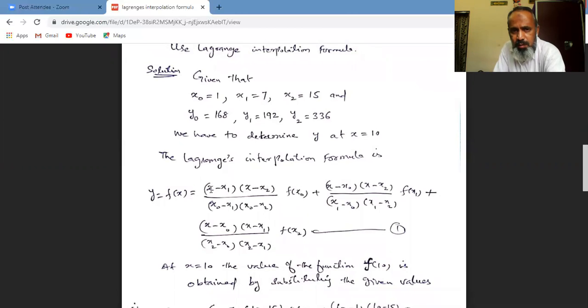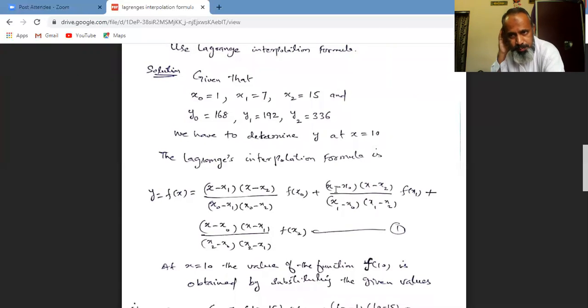In the numerator, there will be the factors (x − x1), (x − x2). There should not be an (x − x0) factor in the numerator. In the denominator, we have to subtract these x1, x2 values from x0: (x0 − x1), (x0 − x2) into f(x0).